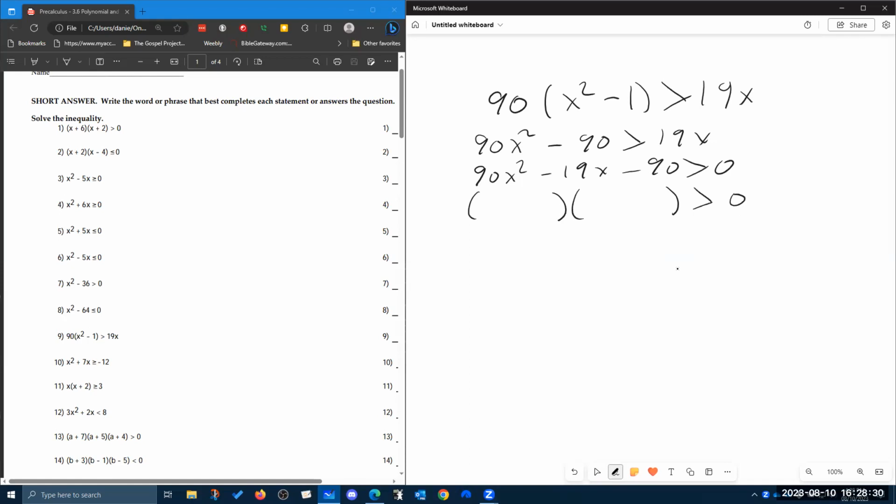So factors of 90 are probably 9 and 10. Factors of 90 are also probably 9 and 10. Negative 100 plus 81 is going to give me a negative 19.